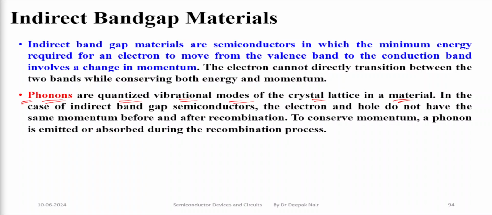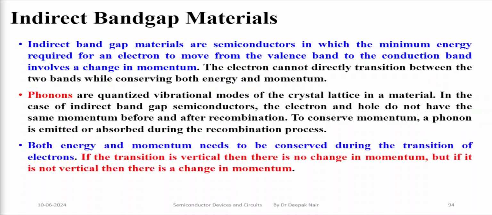In case of indirect bandgap semiconductors, the electrons and holes do not have the same momentum before and after recombination. So therefore, to conserve momentum, the phonon is emitted, which is nothing but heat. Phonon is emitted or absorbed during the recombination process.